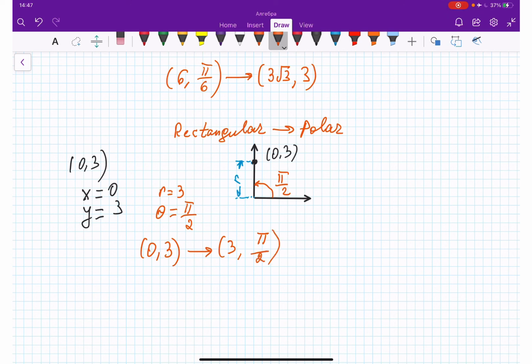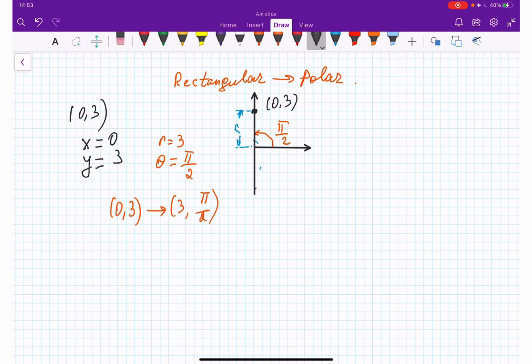The other way we can generate it: r can also be negative, correct? If I provide a negative sign, this is going to be my negative 3, right? Y is negative. And the angle is going to be negative pi over 2, right? This way.